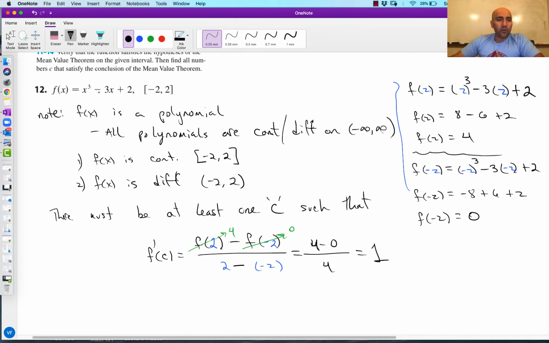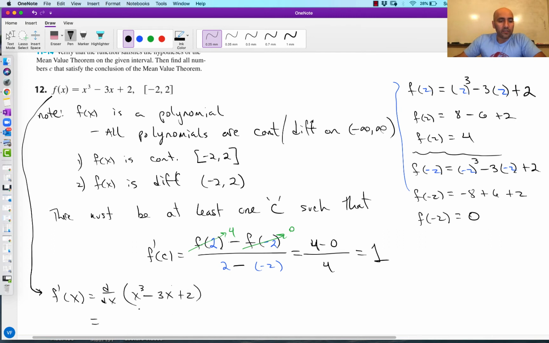Okay, so given this particular equation on this closed interval, we're saying that there is at least one value c somewhere between negative 2 and 2, such that its derivative will be equal to positive 1. So let's find that c value. Next we've got to find the derivative of this function. So f prime of x is going to be equal to the derivative with respect to x of x cubed minus 3x plus 2.